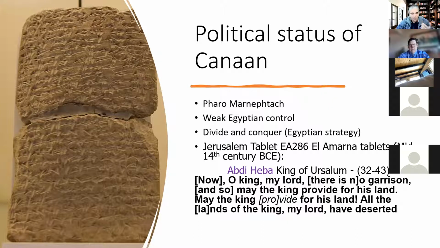The cities have no power, because if you are a city that belongs to Egypt, the Egyptian king will not allow you to hold any garrison, because they are afraid that you're going to fight against them. Same thing goes to the north. If you are the king of Hatzor and you have an army, the Hittite Empire will not allow this. So basically, we have completely weakened cities in the land of Canaan.